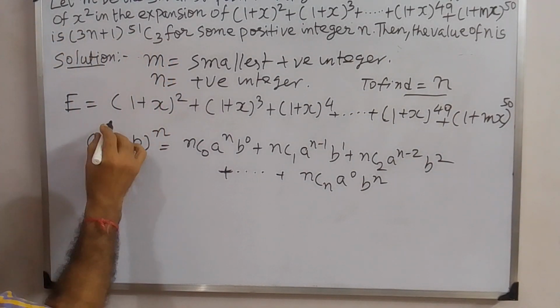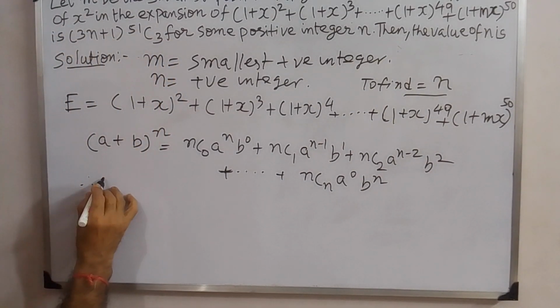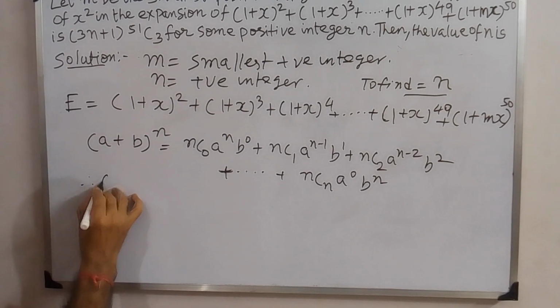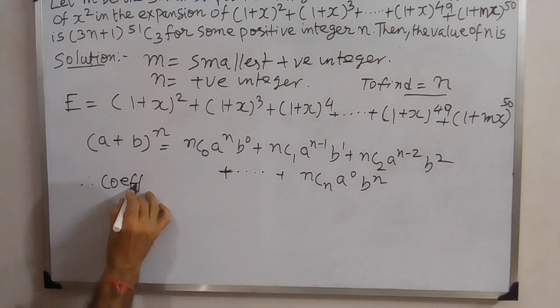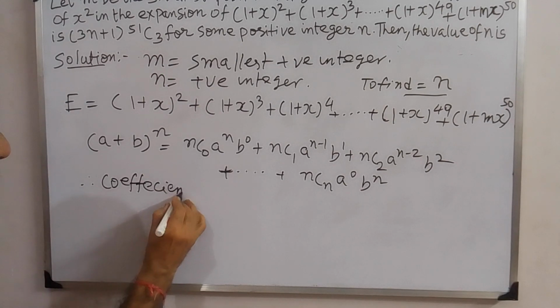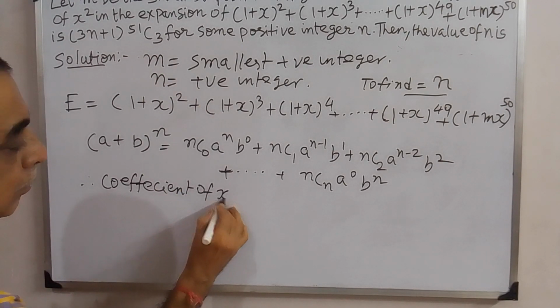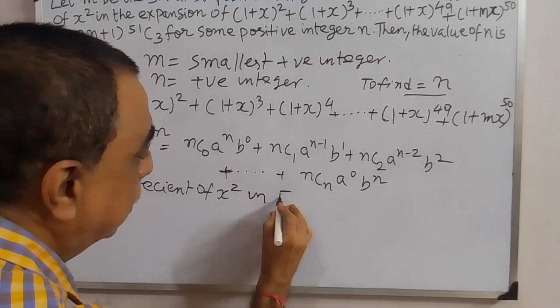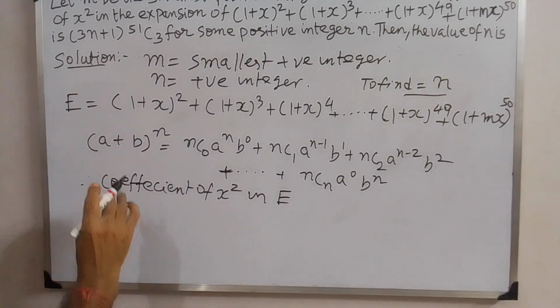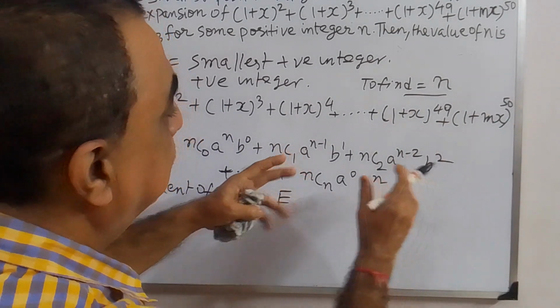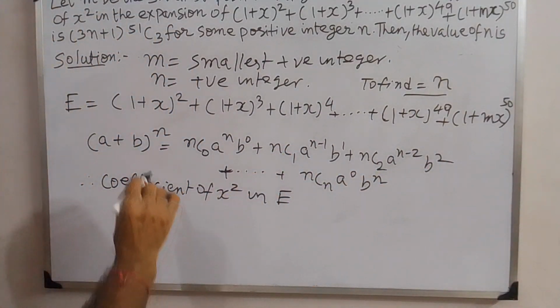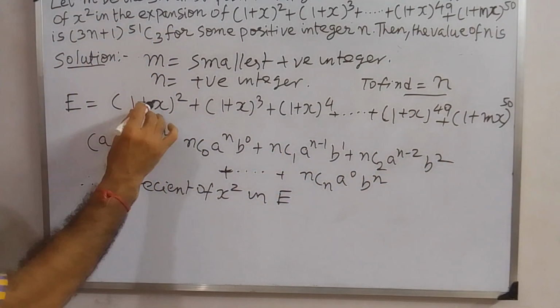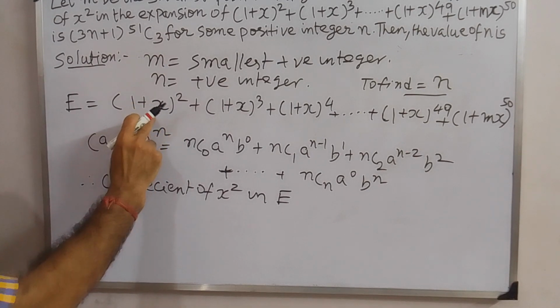So the coefficient of x squared in the whole expansion E will be the binomial coefficients added up for x squared.